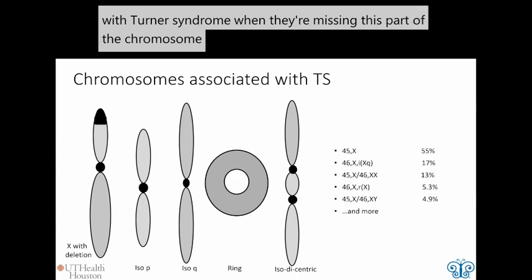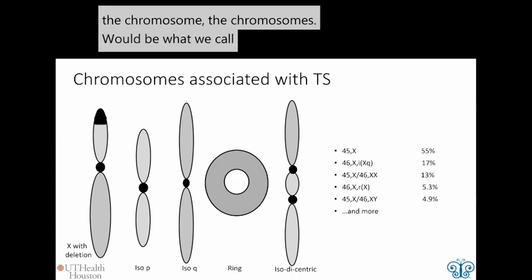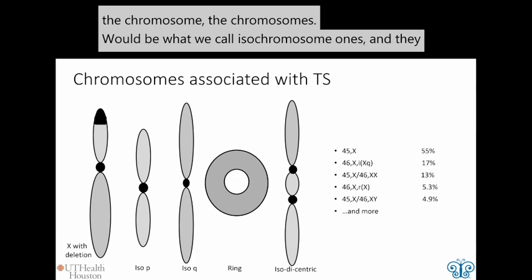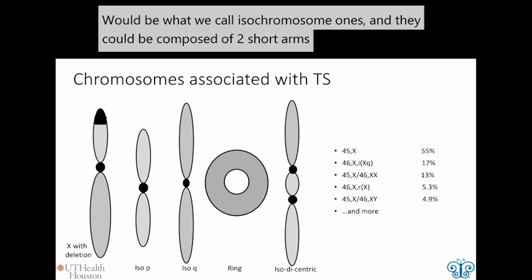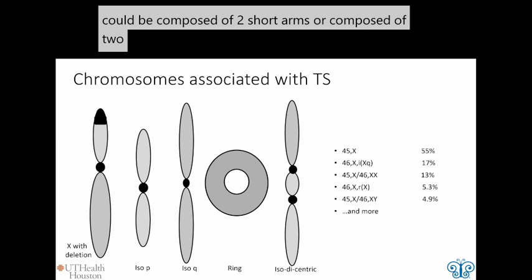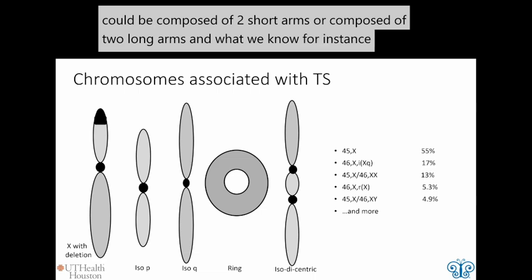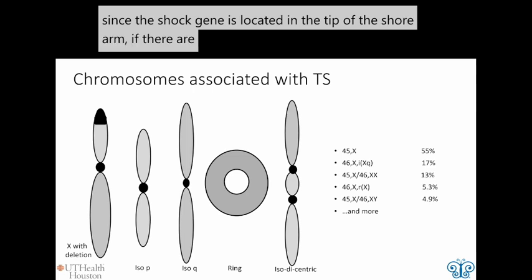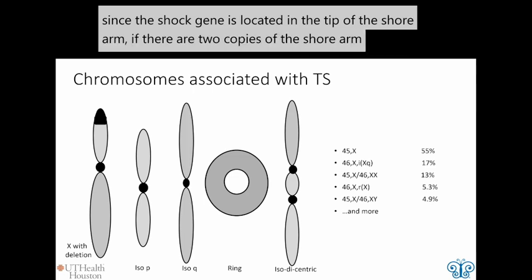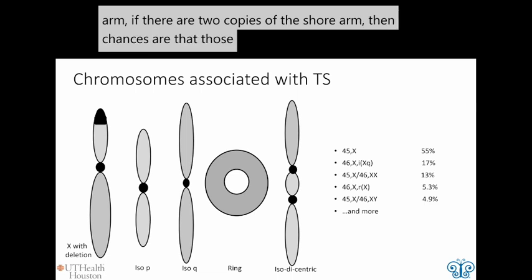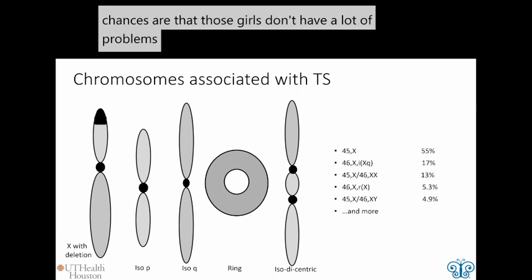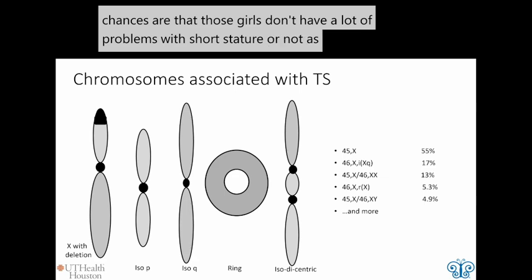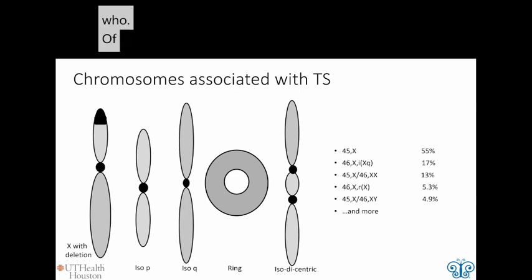The chromosomes could be what we call isochromosomes, and they could be composed of two short arms or two long arms. And what we know, for instance, is that since the SHOX gene is located in the tip of the short arm, if there are two copies of the short arm, then chances are that those girls don't have a lot of problems with short stature, or not as much as girls who have other constitutions of chromosomes.